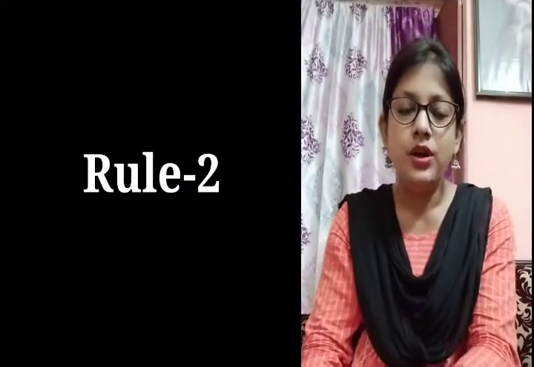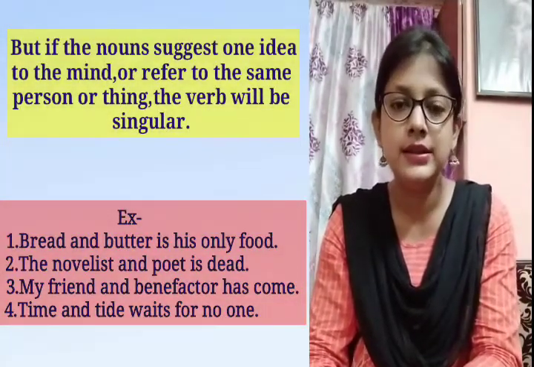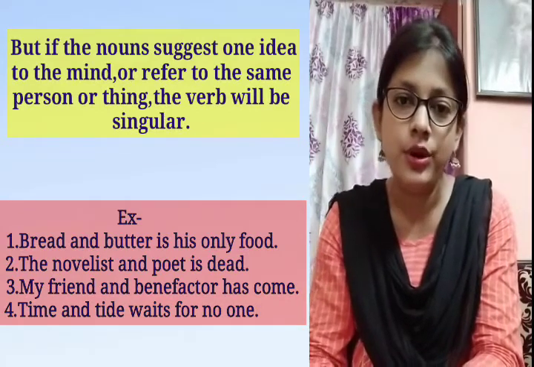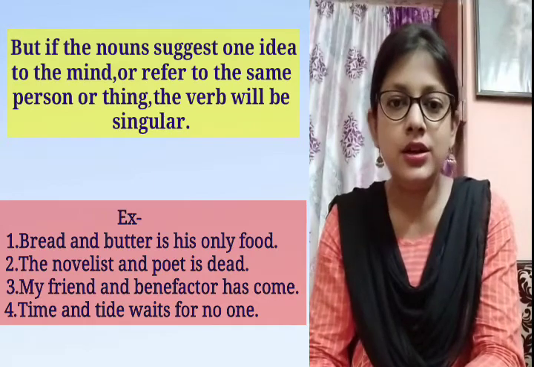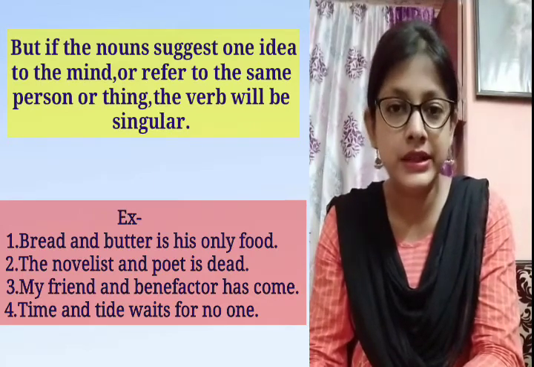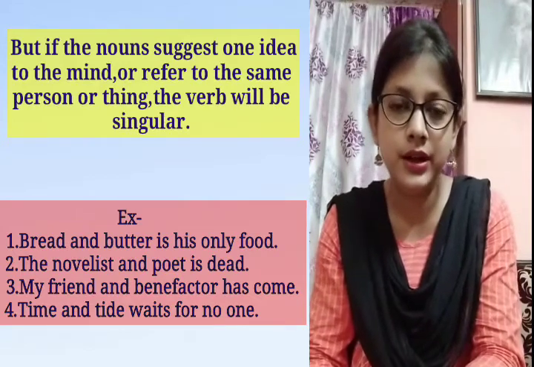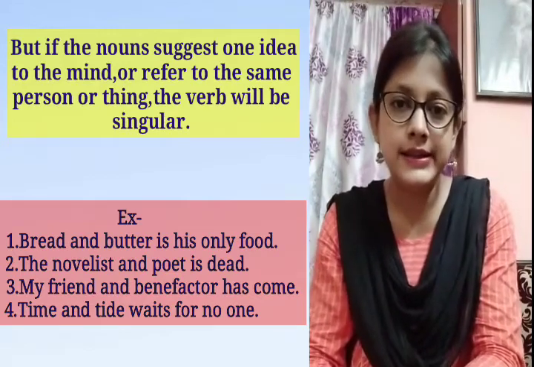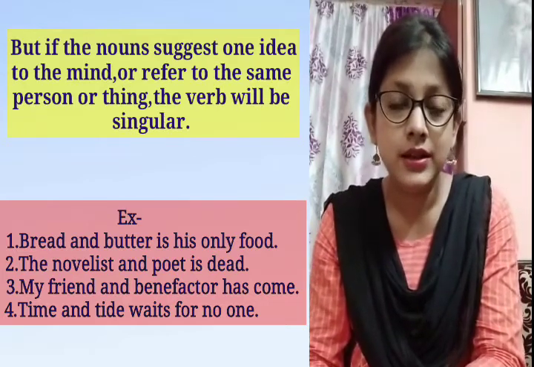Rule 2. When two or more singular nouns are joined by and, but they give you one idea in your mind, and the same person or thing is indicated by these two singular nouns, it takes a singular verb. What is it?